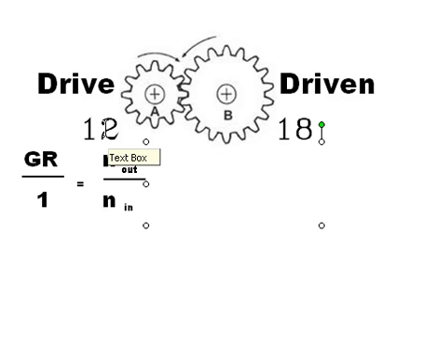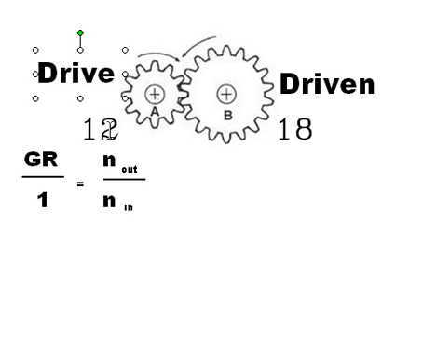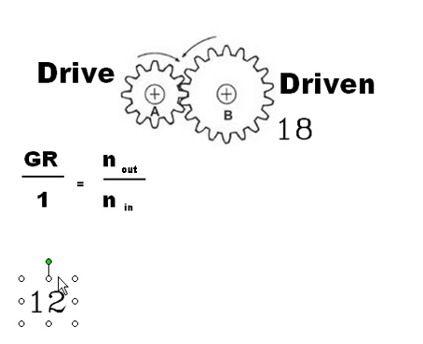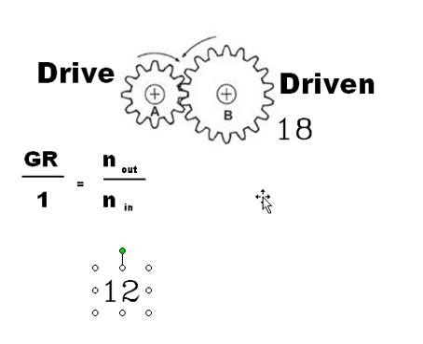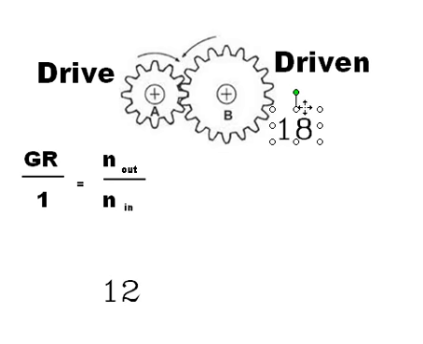You can take 12 and put it on the bottom of the equation, so instead of N, we have the number 12, 12T, and then you can take the number 18 and put it on top of your equation.